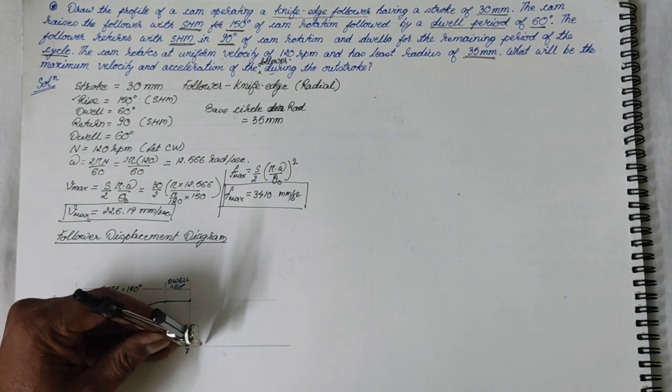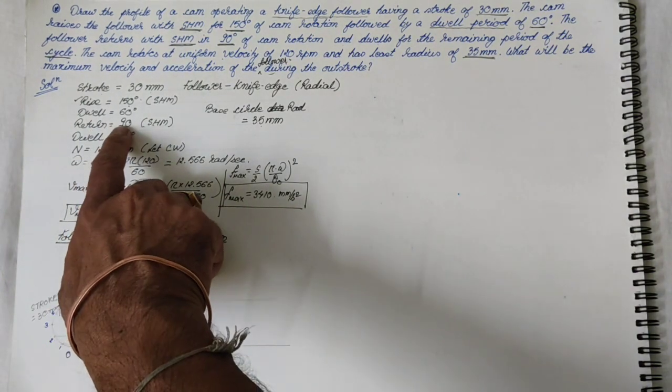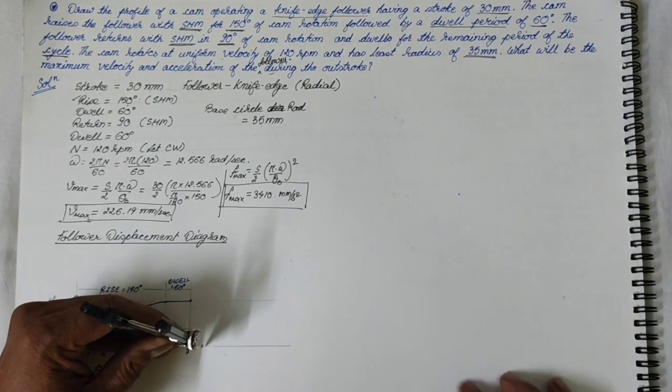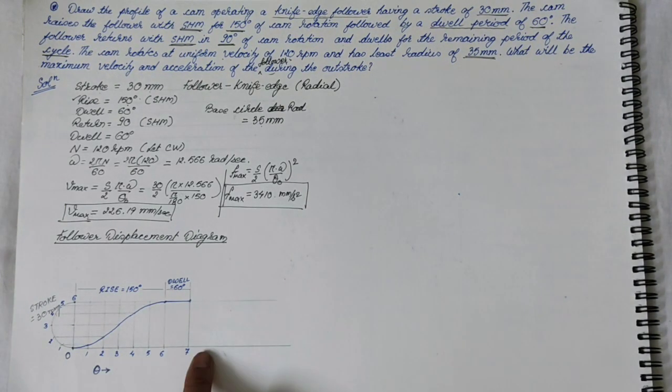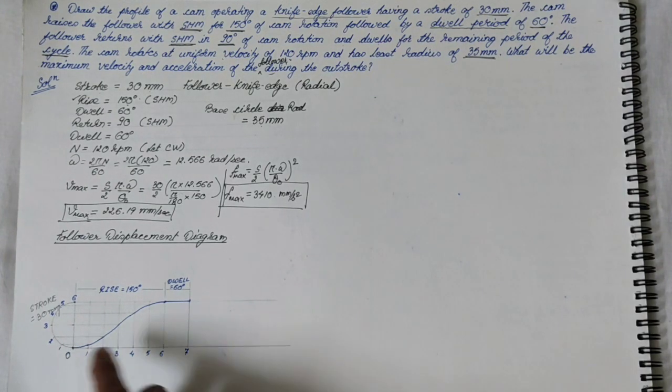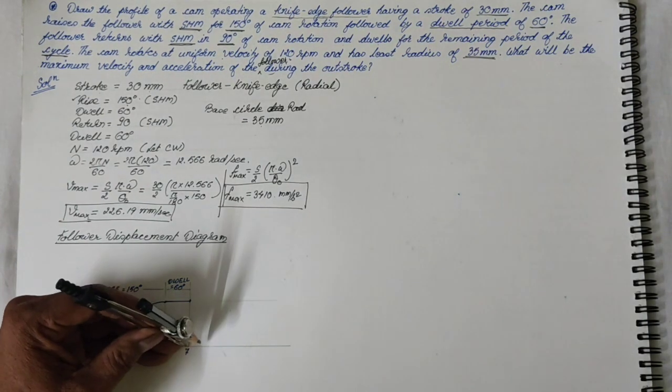Again in 6 steps: the return of 90 degrees is also taken in 6 steps. Whatever distance we take, it can be any distance, the only thing is we have divided this into 6 parts, so it will drop down in 6 equal parts.